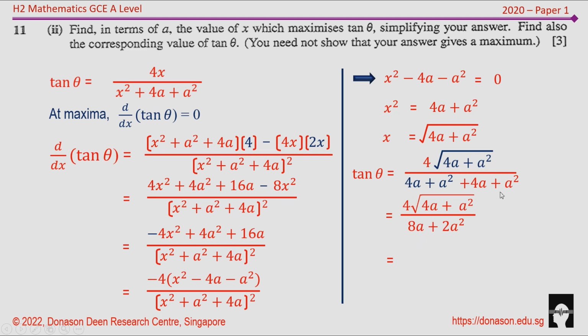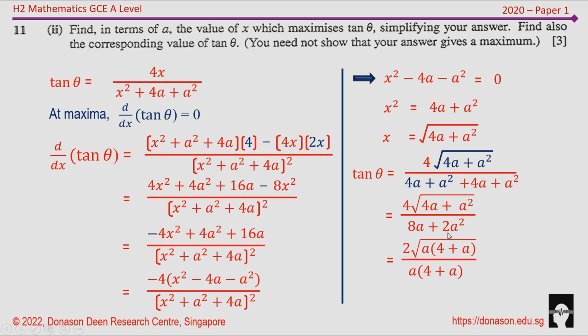Over here I got a 4a plus a 4a, that's going to give me an 8a, and a squared and a squared is going to give me a 2a squared. Once again we can see in the denominator there is a couple of even numbers, so we can pull out 2 out of it and cancel with the 4 here. So if I cancel with the 4, it's going to become 2 here. And the 4a and the a squared have got a common factor of a. So I factorize out what is inside the square root as well to write this.